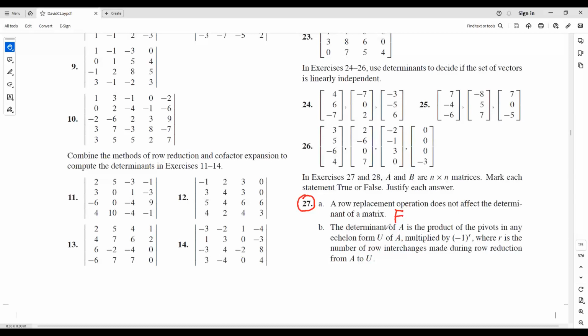B. The determinant of A is the product of the pivots in any echelon form U of A multiplied by -1 to the power r, where r is the number of row interchanges made during row reduction from A to U. False. For example, the determinant of this matrix is 0, not the product of the pivots 1, 1.